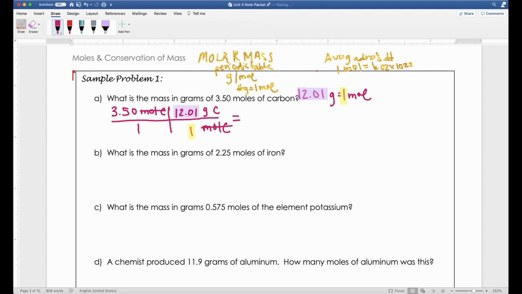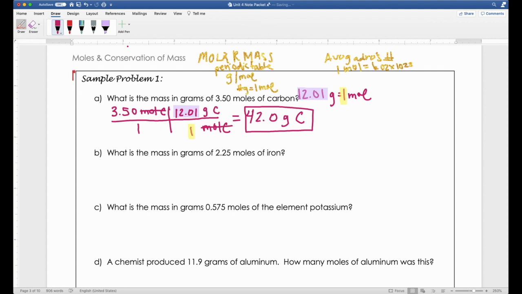Then you would just multiply these 2 numbers because they're both on top. And to the correct number of significant figures, your answer should be 42 grams of carbon. Just like that.